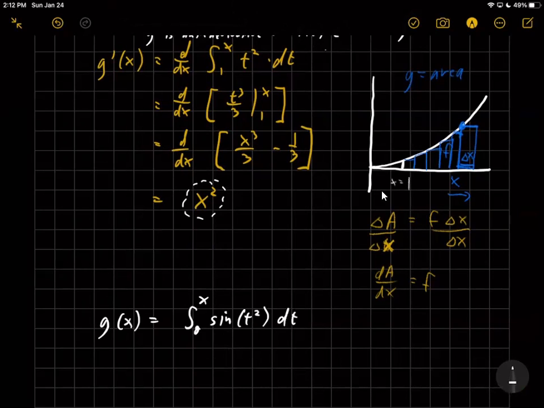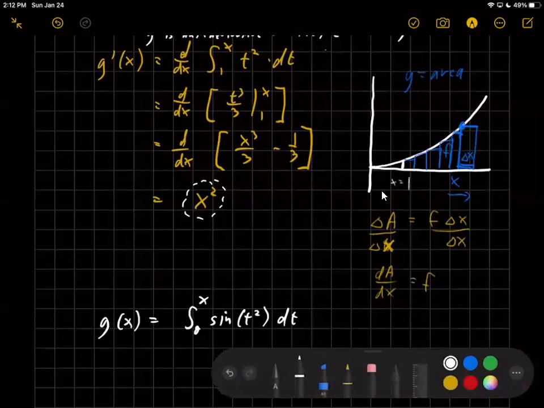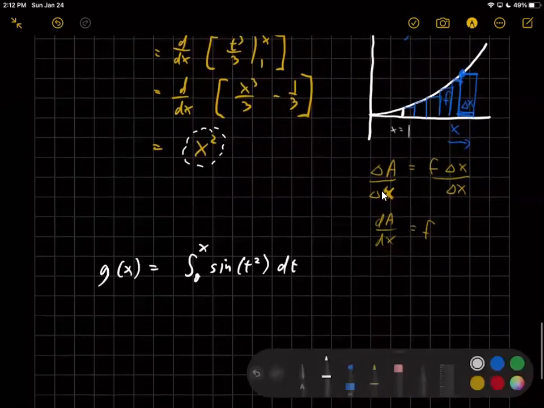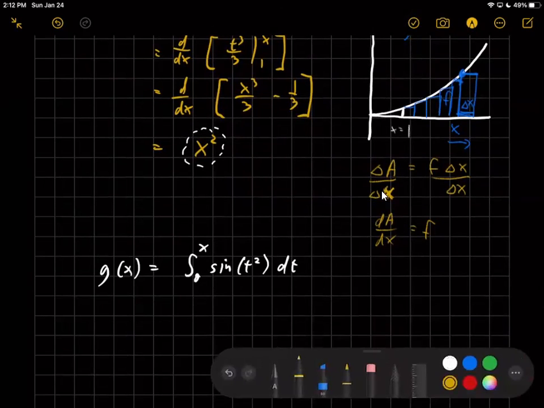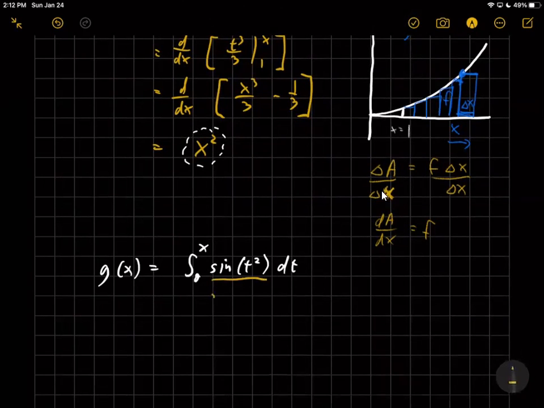We don't know what the antiderivative of that is, but we can apply the same principle. The integrand, the sine of the input squared, is little f of t.